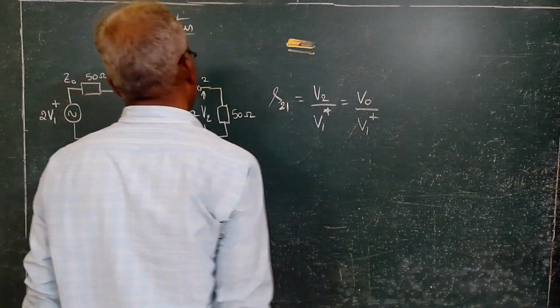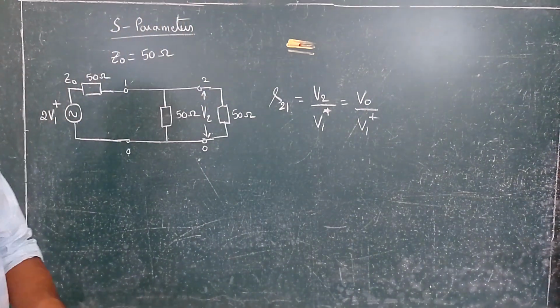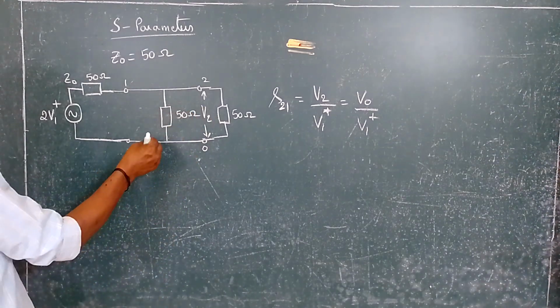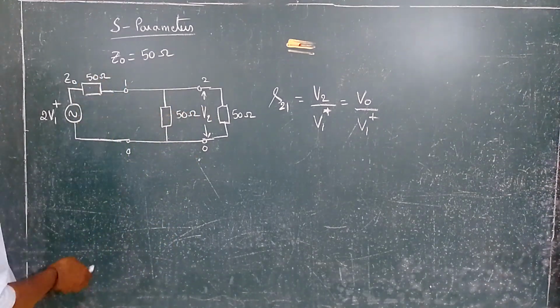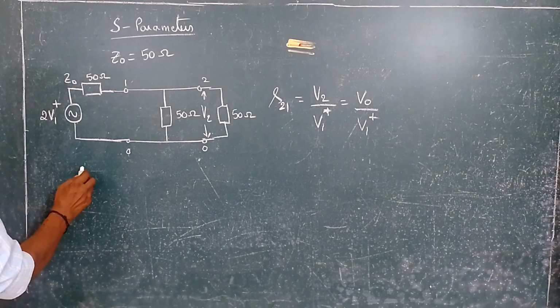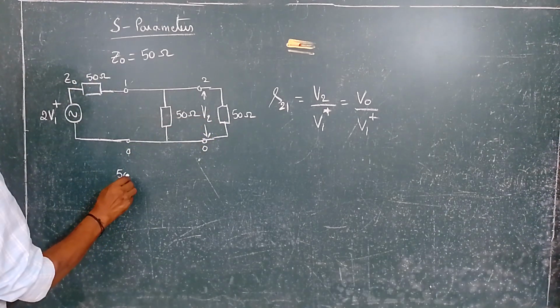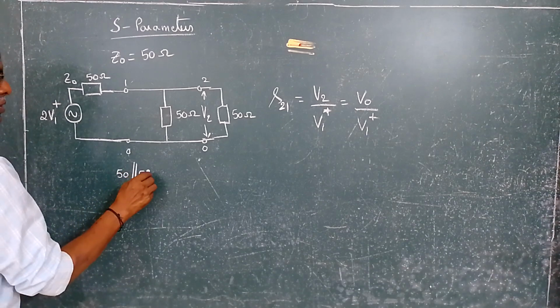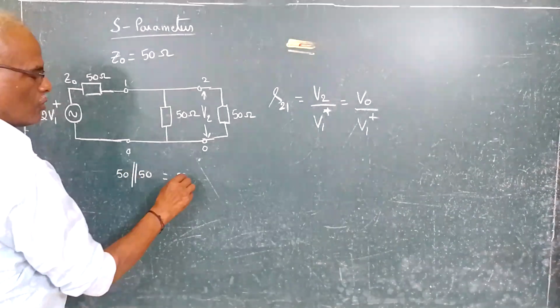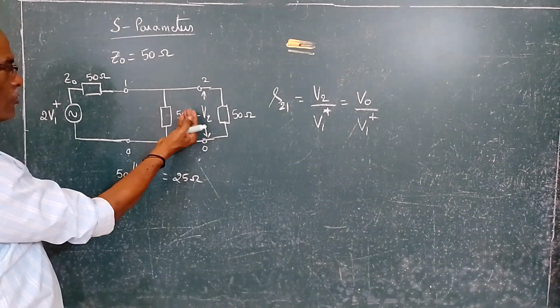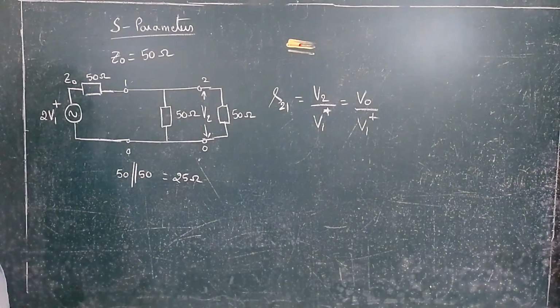First step, these two are in parallel and that combination will be in series with 50. So this 50-50 in parallel will give you 25 ohms. That 25 is in series with 50.